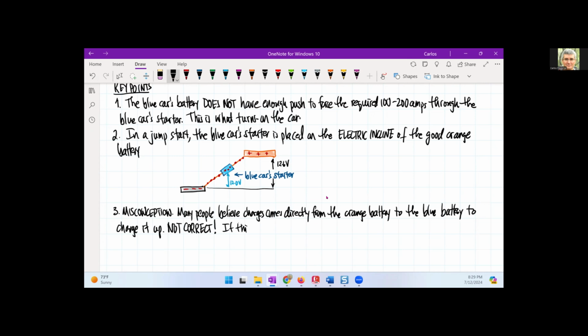If this was the case, a 2-meter jumper cable or cables would require a minimum time of 3 hours and 40 minutes.